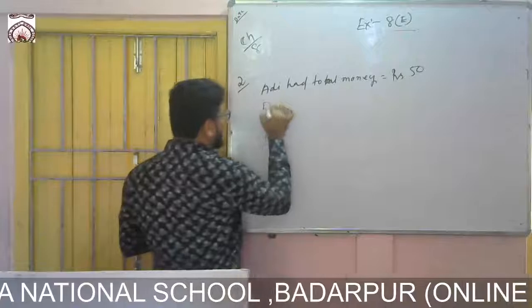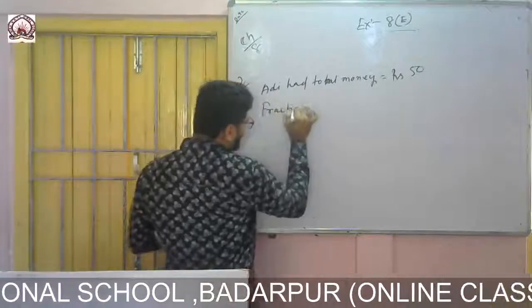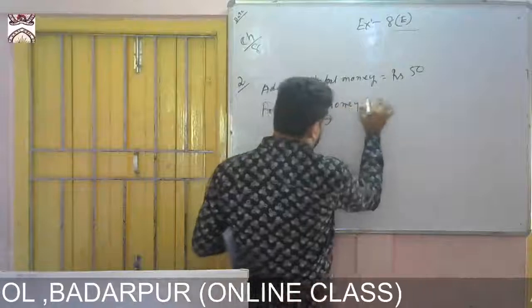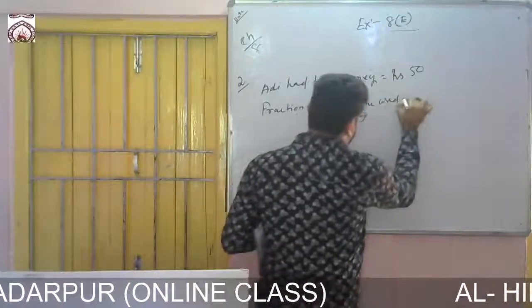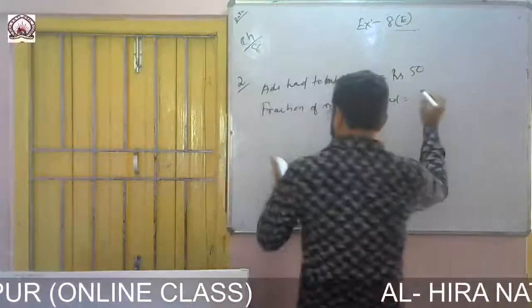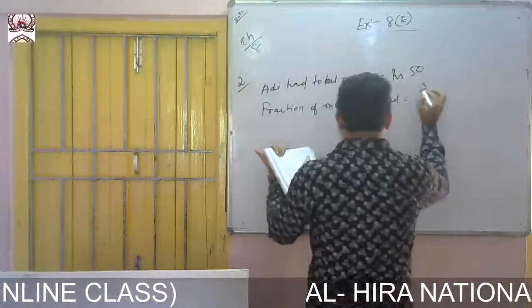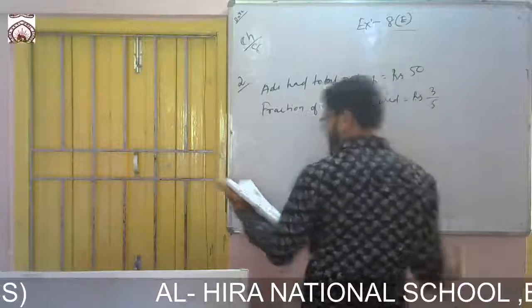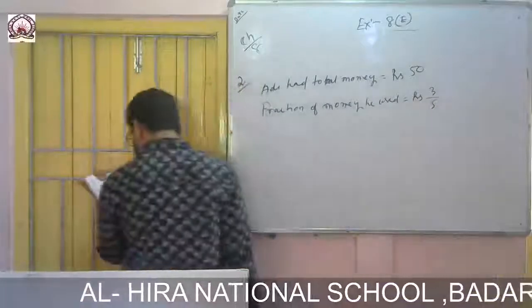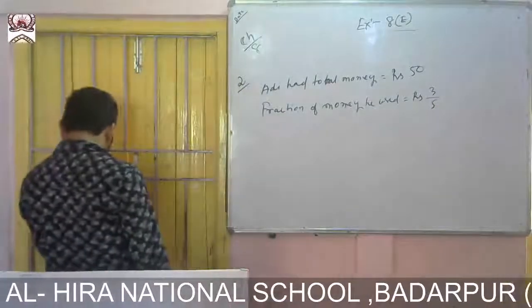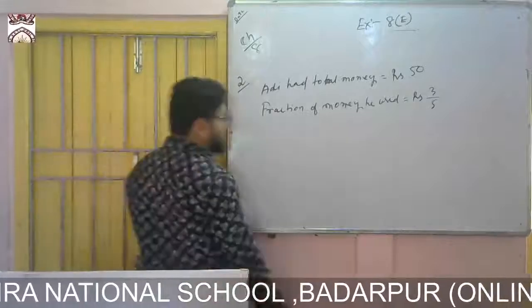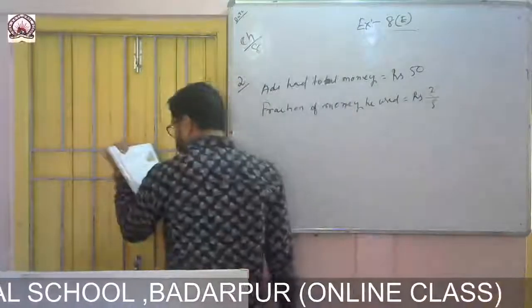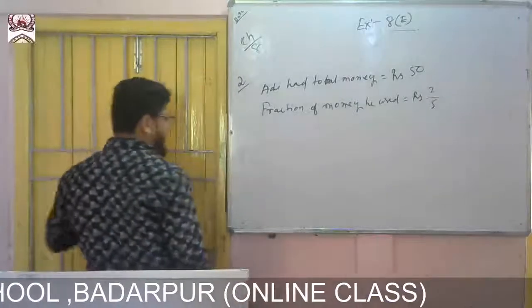The fraction of money he used equals 3/5. Sorry, 2/5. Okay. Now, how much money does he spend?